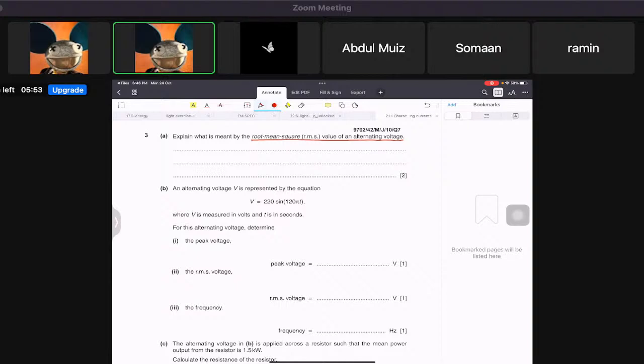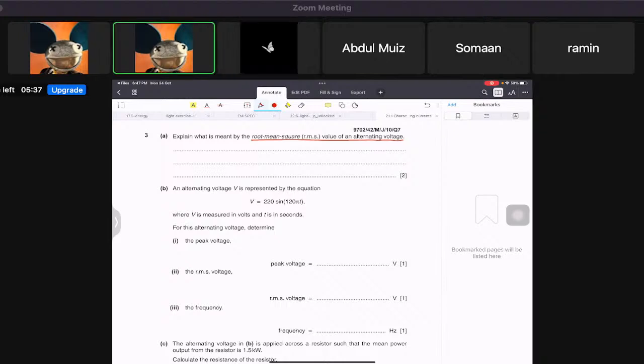Okay, in case you forget about it, please write this definition. Is it that steady state DC equivalent voltage or current?